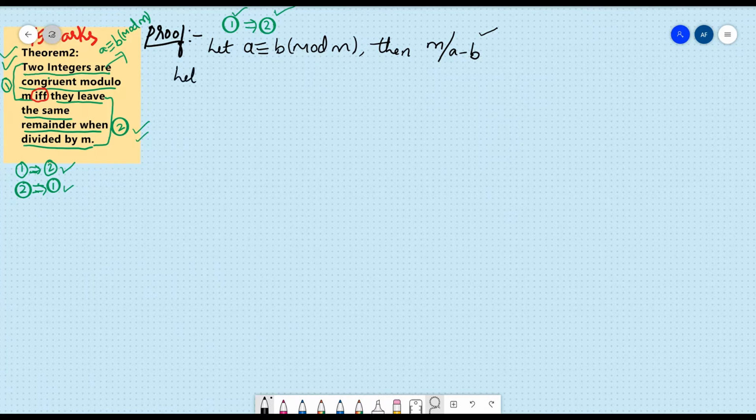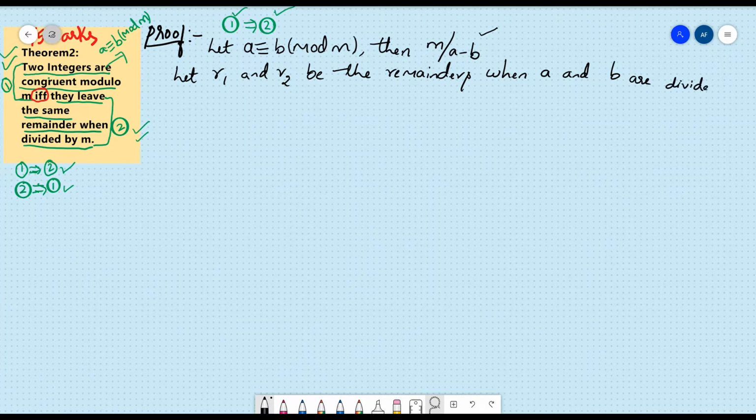Let r1 and r2 be the remainders when a and b are divided by m.